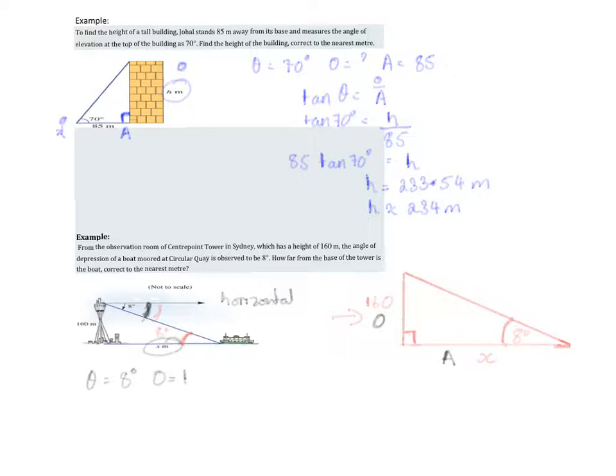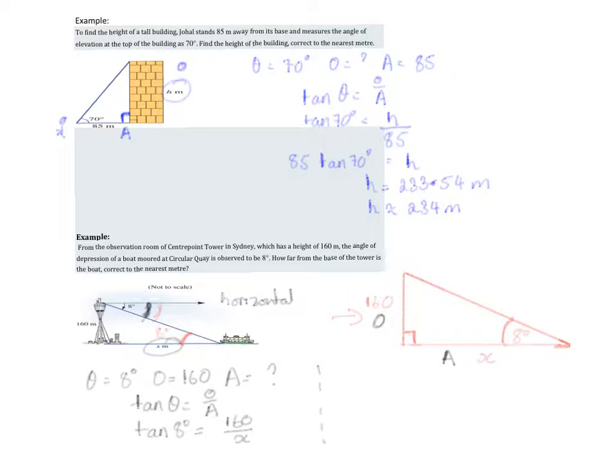Opposite equals 160. Adjacent is what we are looking for. That is our length now. So SOHCAHTOA, tan theta equals opposite over adjacent. Tan of 8 degrees is equal to 160 over x.